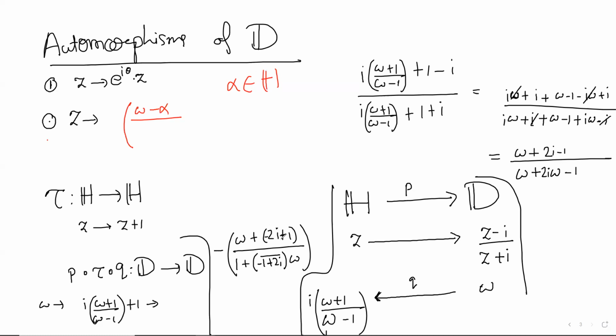So we will take 2I minus 1. And then it is 1 minus alpha conjugate omega. Yeah, this is what we are getting. Okay.